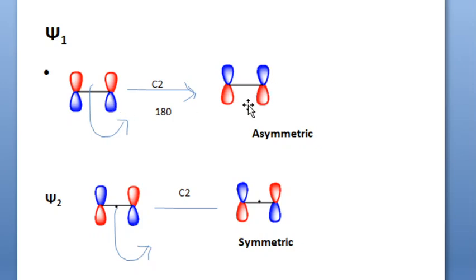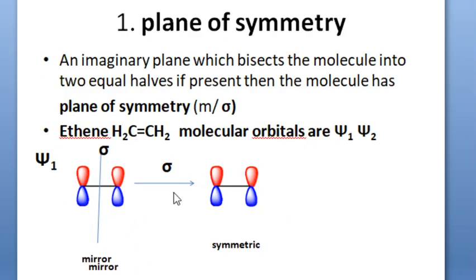And whatever new arrangement that you got is not identical with your original. If it is not identical with your original on rotating 180 degrees, then you can say it is asymmetric. So with respect to C2 rotation, the psi1 molecular orbital is asymmetric, whereas with respect to the mirror plane of symmetry, that is sigma, it is symmetric.